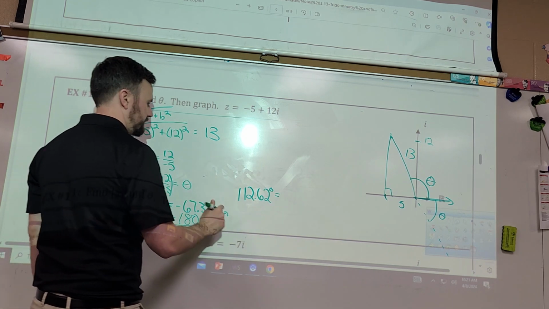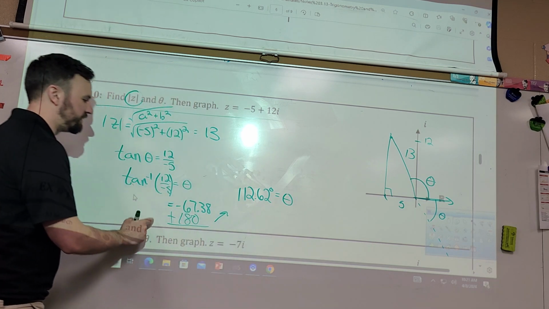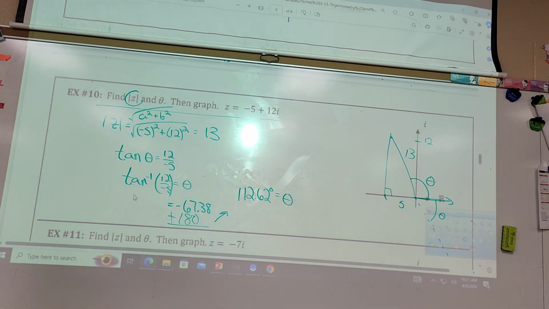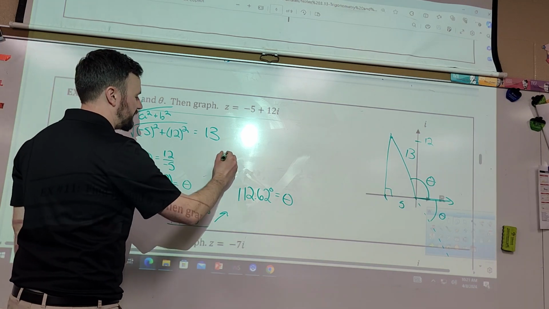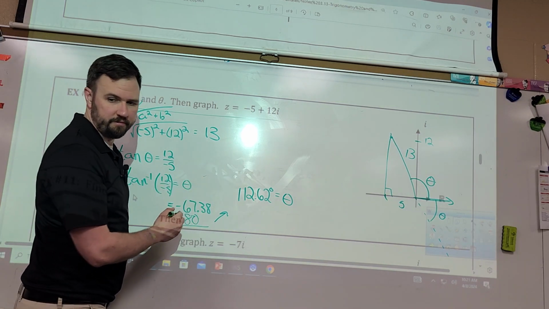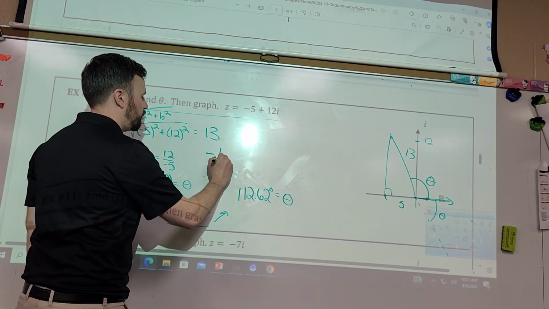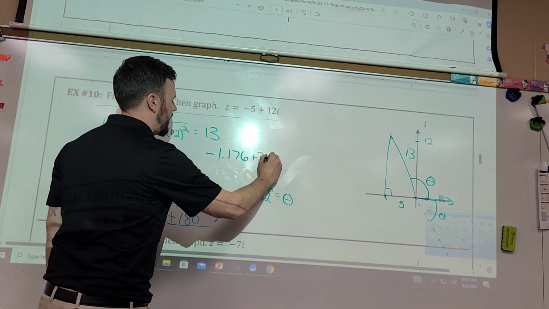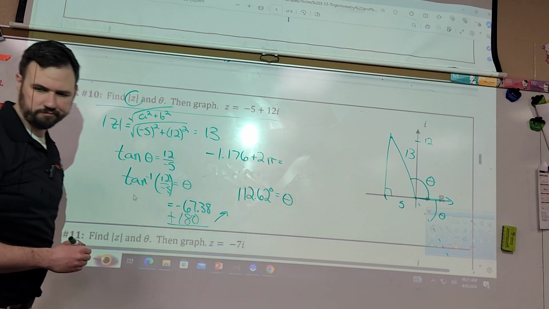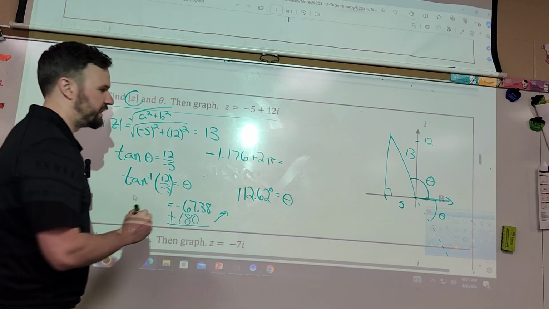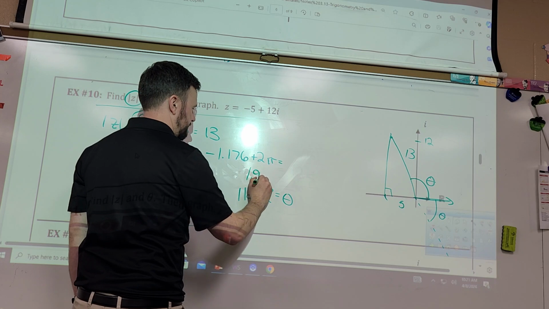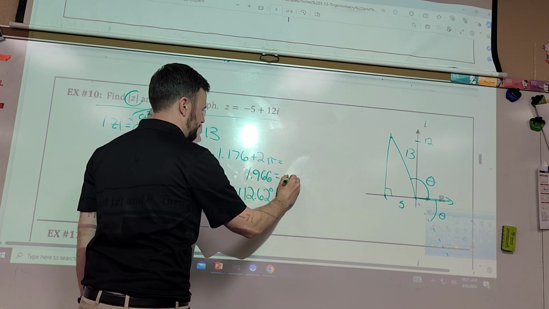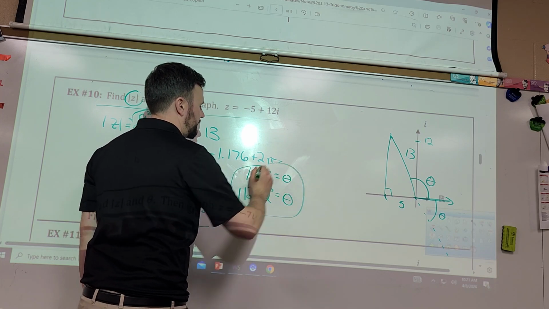Now, if I would have done this in radians, which I should have probably done, you would have gotten negative 1.176. And then I would have added 2 pi to that and gotten 1.966. Both are the same thing.